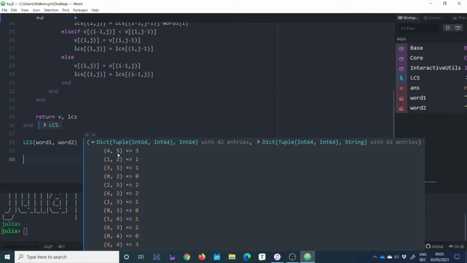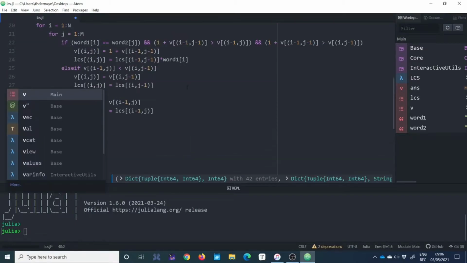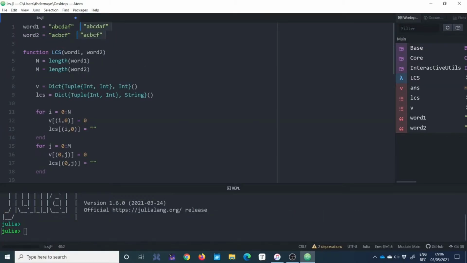So the longest common substring for 5 is 3. Right, let's see if this gives me something that I can work with. So let me put it in V and LCS. Let me save the results. So what's the length of my word here? 1, 2, 3, 4, 5, 6, and I have 1, 2, 3, 4, 5.